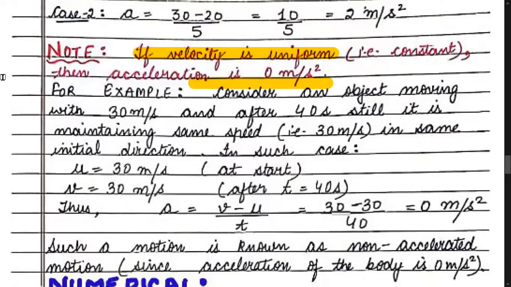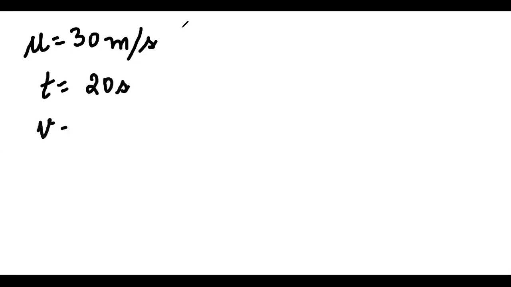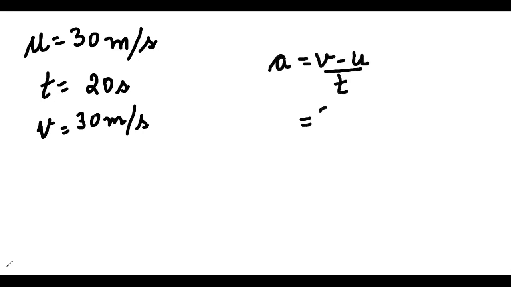For example, if the body was moving with 30 meters per second and after a time of 20 seconds the body is still moving with 30 meters per second velocity, then acceleration will be v minus u by t, that is 30 minus 30 upon 20.